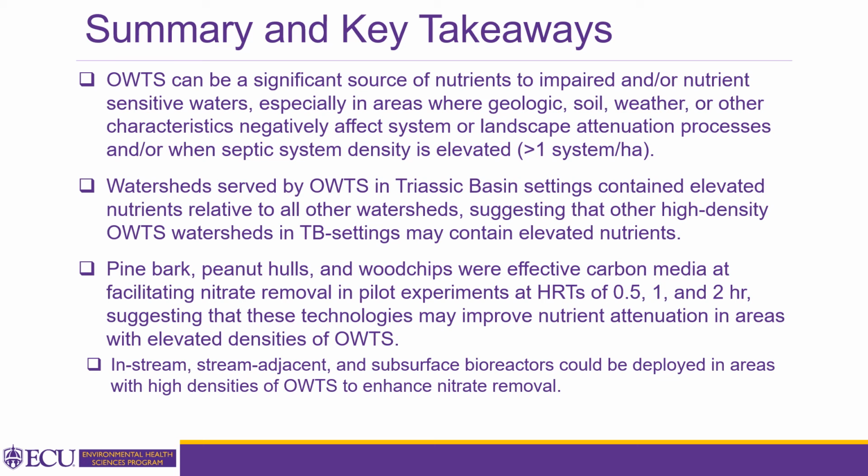And finally, we found that pine bark, peanut hulls, and wood chips were all effective carbon media at facilitating nitrate removal in pilot experiments at various hydraulic retention times, which suggests that these technologies could be utilized in the form of in-stream, stream-adjacent, or subsurface bioreactors to help improve nutrient attenuation in areas with elevated densities of septic systems.